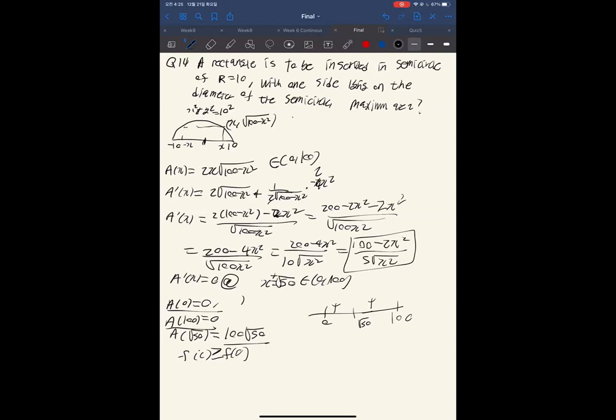Oh, is it? Yeah, because your r goes from 0 to 10, right? True. I just wrote the domain per function. Oh yeah, it's 10. It's squared. Sorry about that. It's not 100, but then yeah, your method should work. So you find the area at 10 and 0, both work.